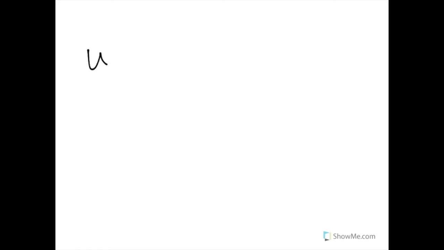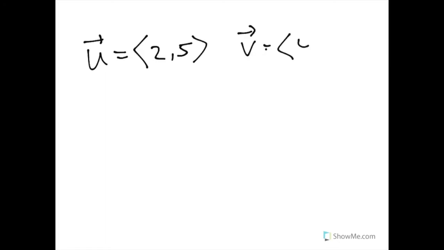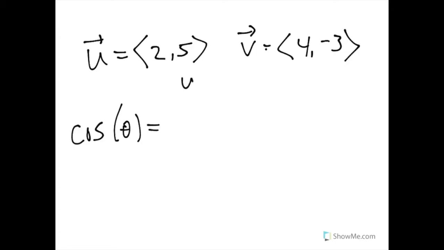Let's take a look at an example of this. u looks like the vector 2, 5, and v looks like the vector 4, negative 3. We can take a second and find the angle theta between the two, again by using the dot product u dot v.